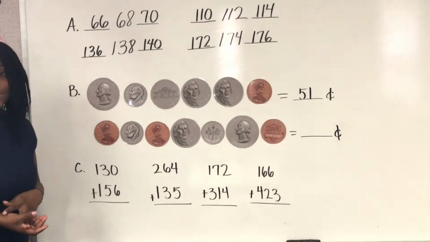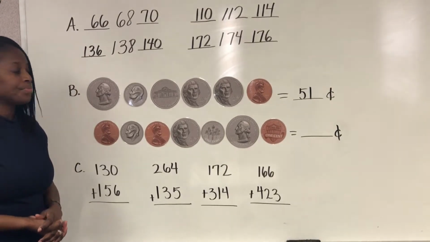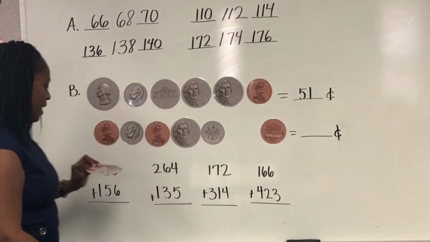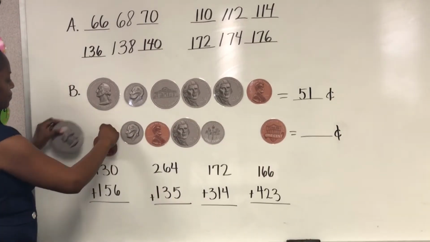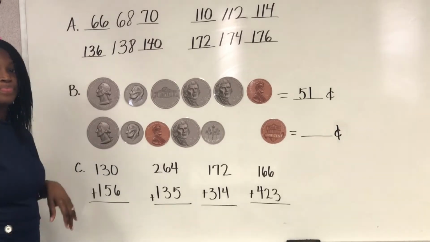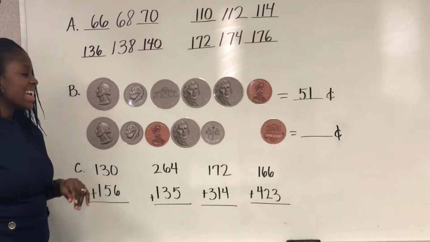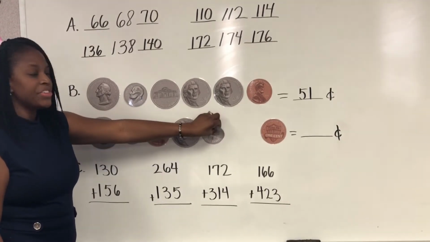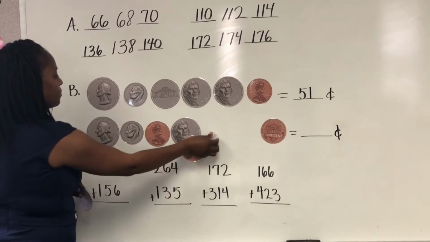Which coin is the greatest value? The quarter is the greatest value. What's the next greatest value? The dime. We have a dime here, and we also have a dime here. This dime needs to be moved.